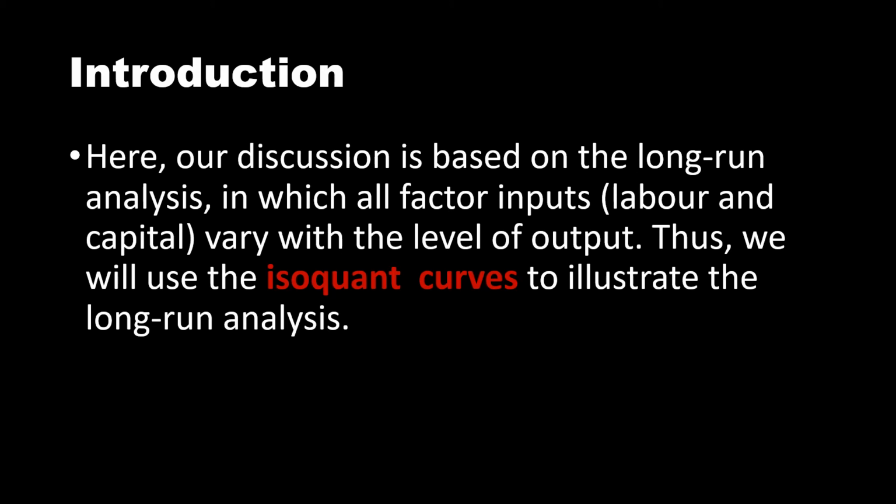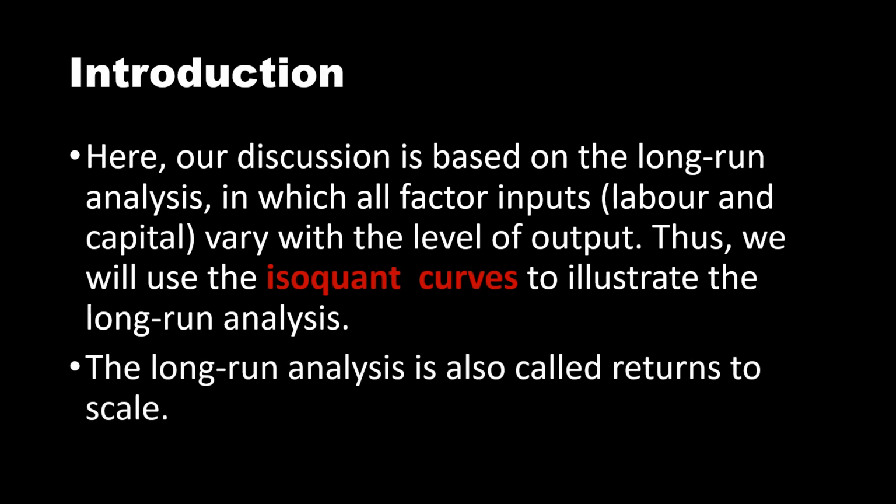Thus, we will use the isoquant curves to illustrate the long run analysis. So the long run analysis is called the returns to scale, and you can check the video above where I discussed the returns to scale and homogeneity of production function. You can check that on this video.